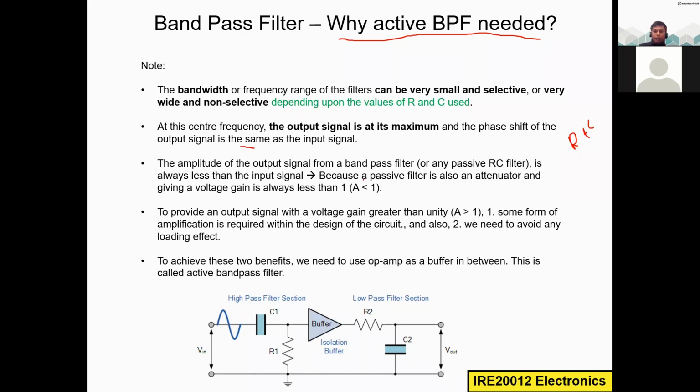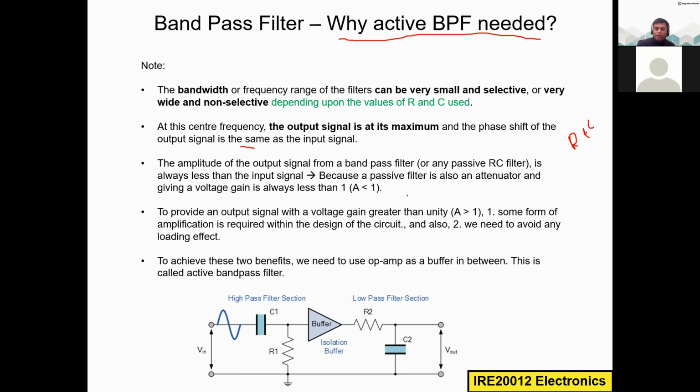A passive filter is also an attenuator, so the voltage gain here is always less than 1. That is why the output is less than the input. To provide an output signal with a voltage gain greater than unity, we need some kind of amplification between the input and output.